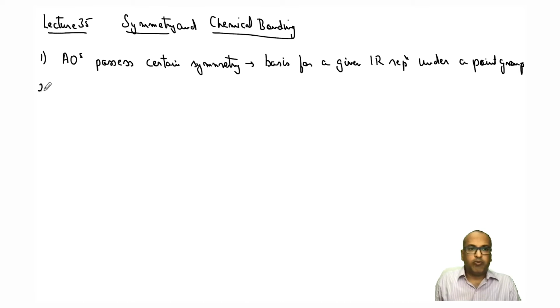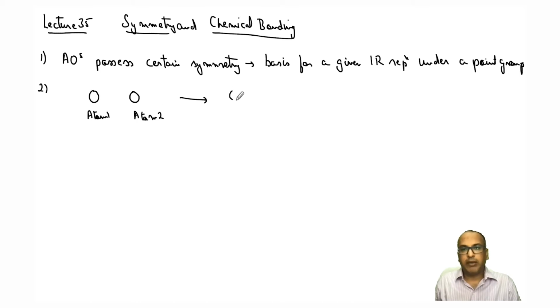Also, when two atoms, let's say this is atom 1 and this is atom 2, combine to form a chemical bond, this is my chemical bond.